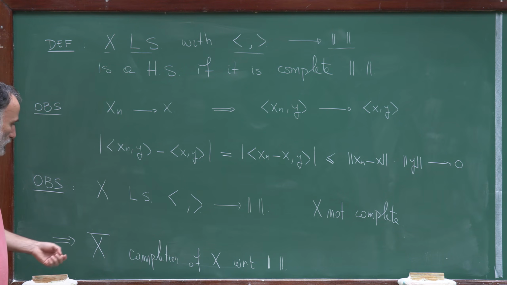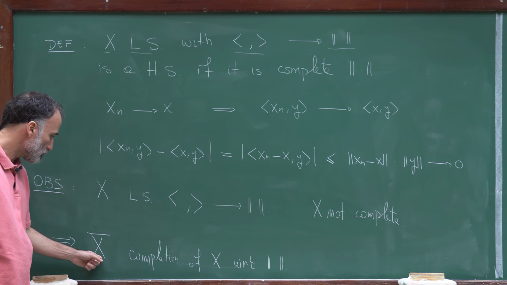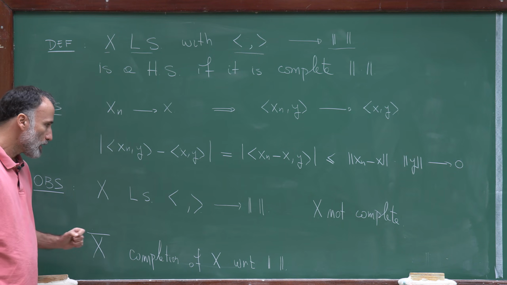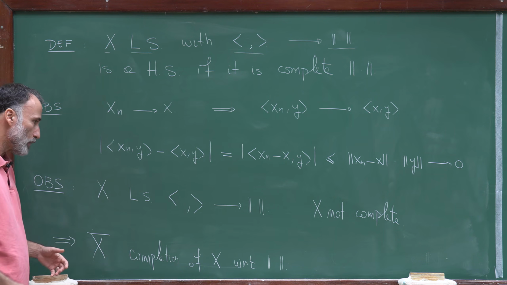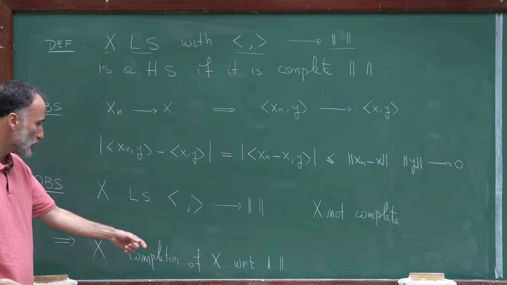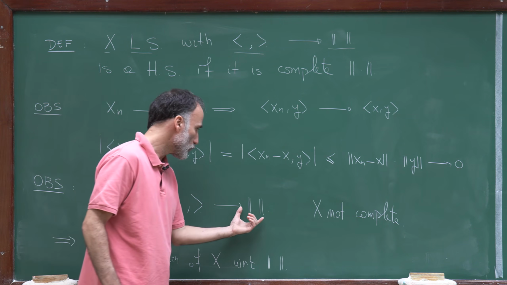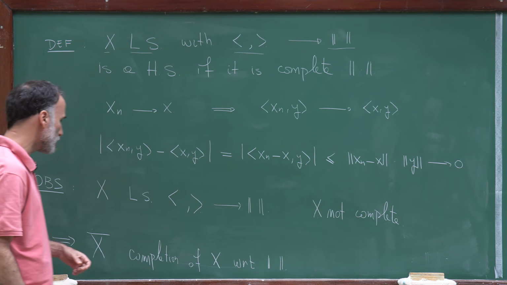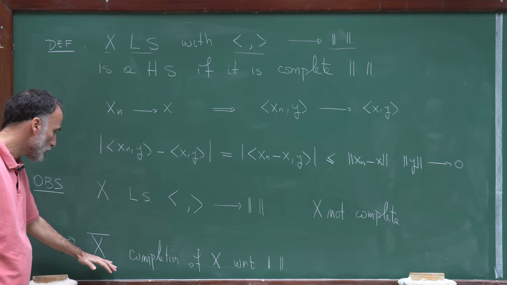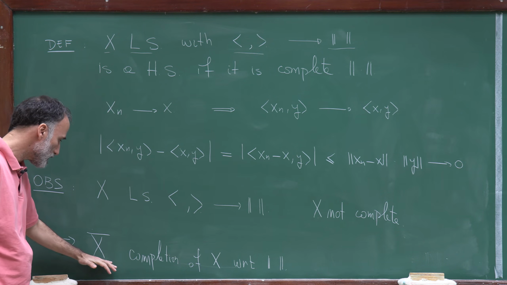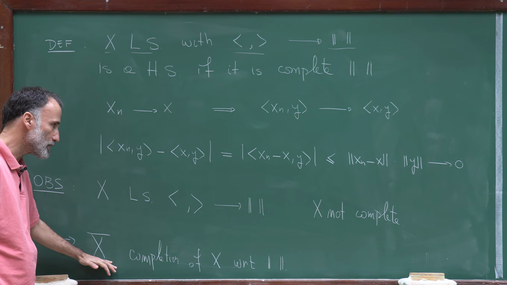What I want to do in the following minutes is to define a scalar product in X bar and show that this norm will coincide with the original norm, the scalar product will coincide with the original scalar product, and therefore this space will be a Hilbert space.